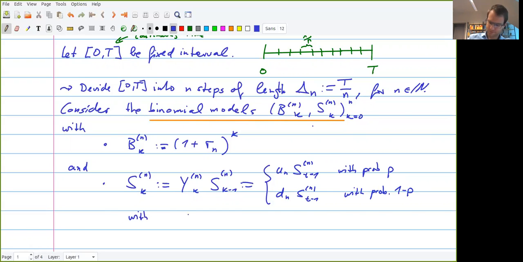To be honest, I also have to fix where we start. The price at time zero is known, so we assume it to be the same for all models, right? Because it's the price we observe currently.